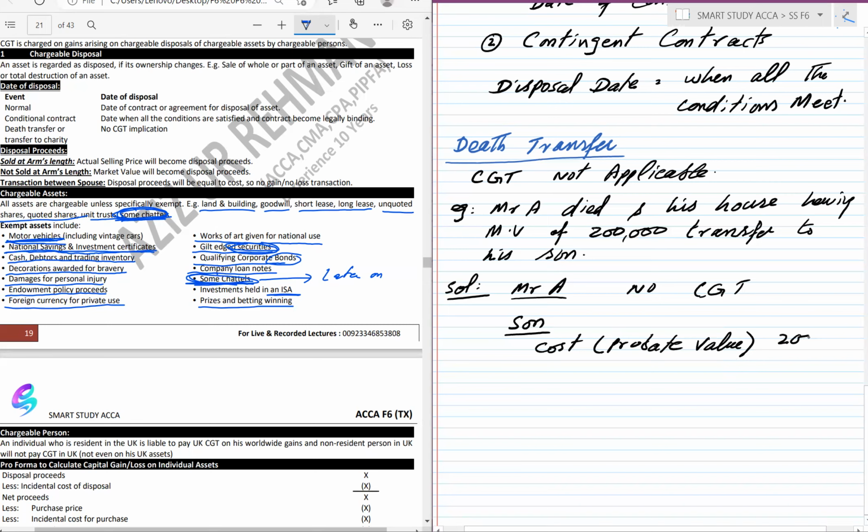That is called probate value, and that probate value will become cost for the son. Whenever the son disposes of this asset in the future, he will use £200,000 as cost to calculate profit or loss.